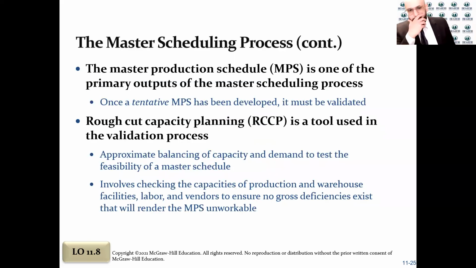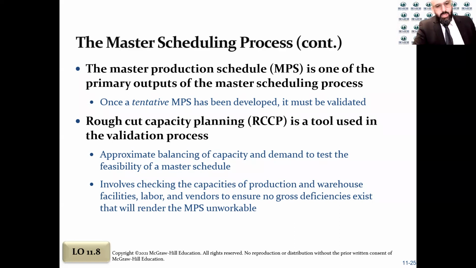All right, master schedule. The master production schedule is one of the primary outputs of the master scheduling process. Once a tentative MPS, the master production schedule, has been developed, it must be validated. We use rough cut capacity planning, which is a tool that we use to validate the process.